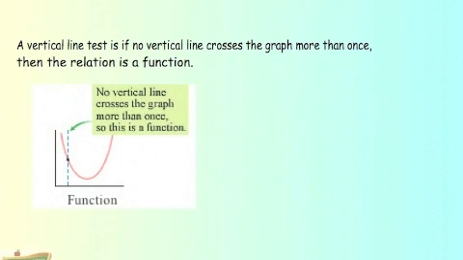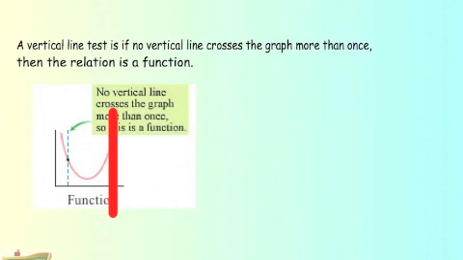Imagine that I have a vertical line and I am going to run that vertical line across my graph. You will notice that at no point does the vertical line touch the graph in more than one place. That is considered a function.